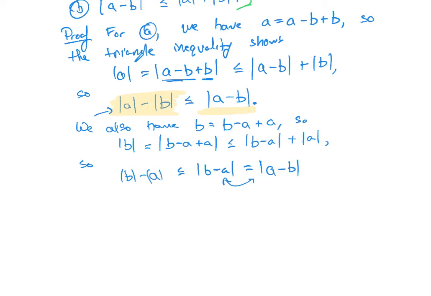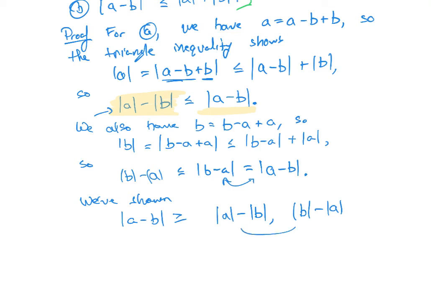Okay, so really what we've shown is that the absolute value of A minus B is greater than or equal to both that and that. Now, these two are negatives of each other.